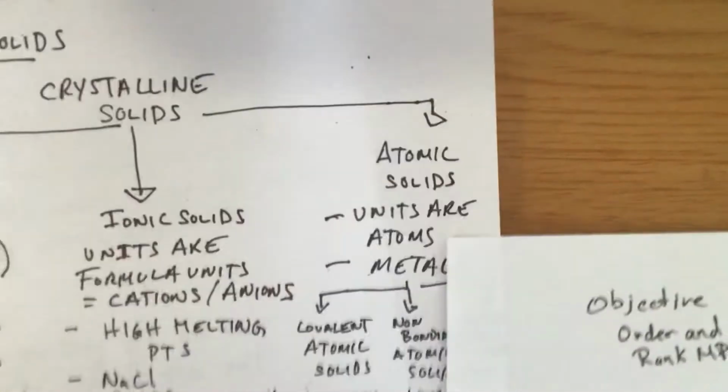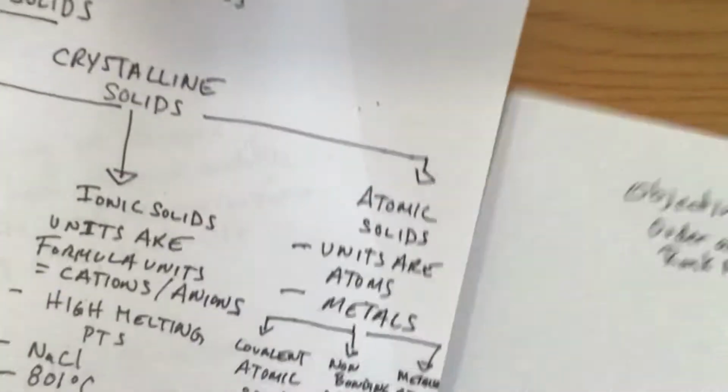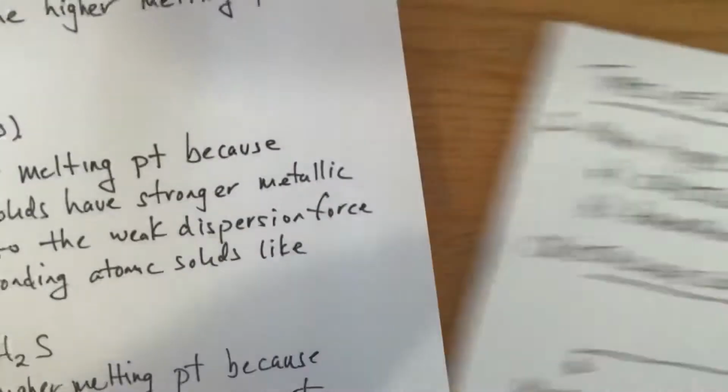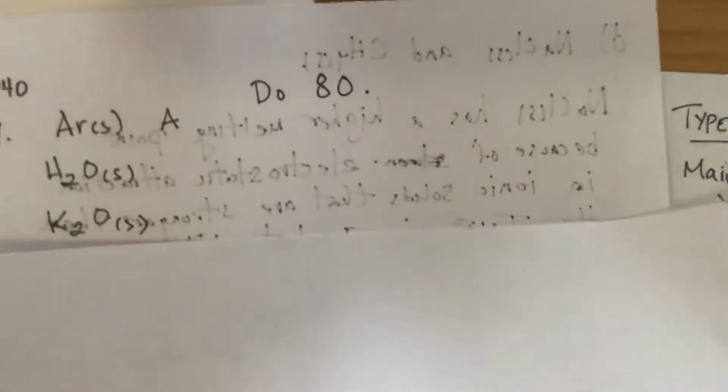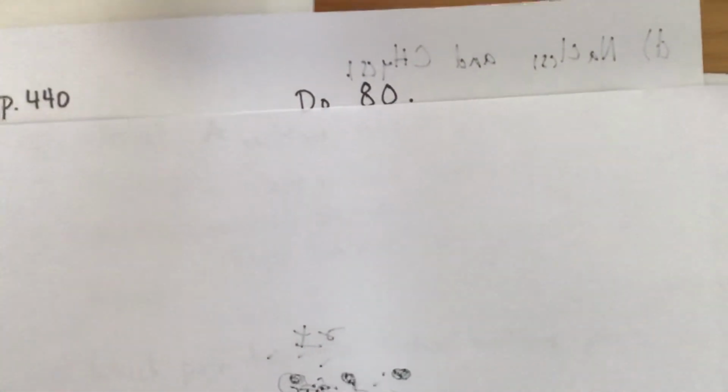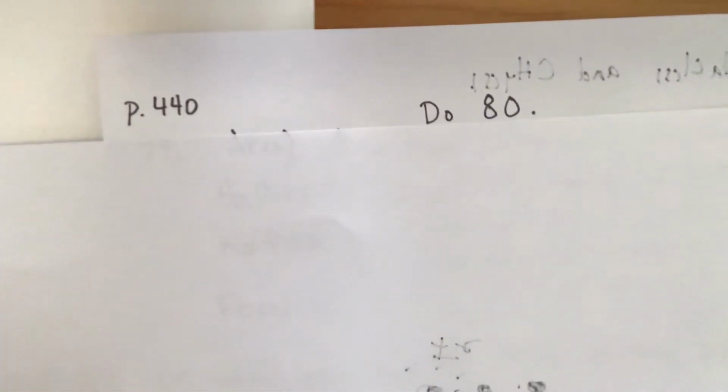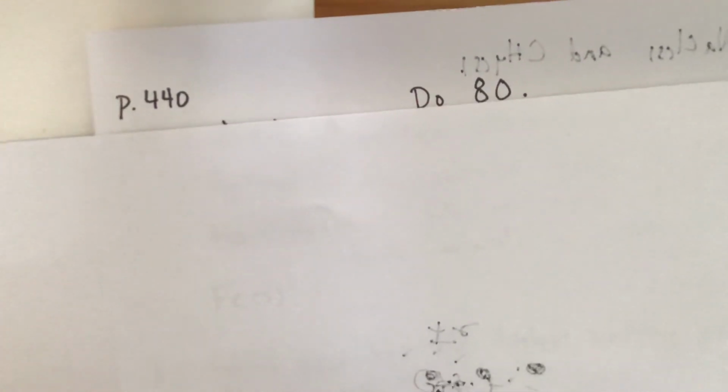So we need to consider this with different strengths, the different IM forces, and the different types of solids and the IM forces when we're solving these problems. Okay, if you do have your textbook, these problems are found on page 440.